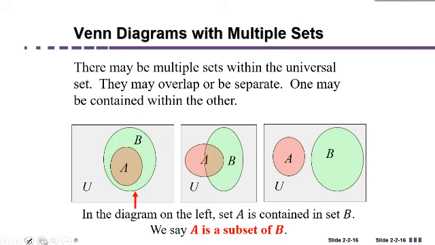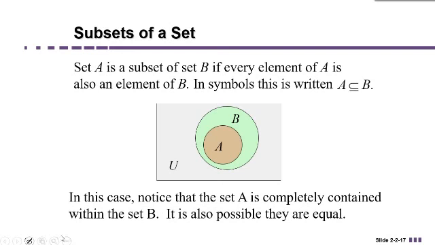In the diagram on the left, set A is contained in set B. So the way that we say that is A is a subset of B. In that case, the set A is completely contained within the set B. The notation for that we saw in that little video in the last class. Remember, contained in starts with a C, and we use an elongated C to show that one set is contained in the other.